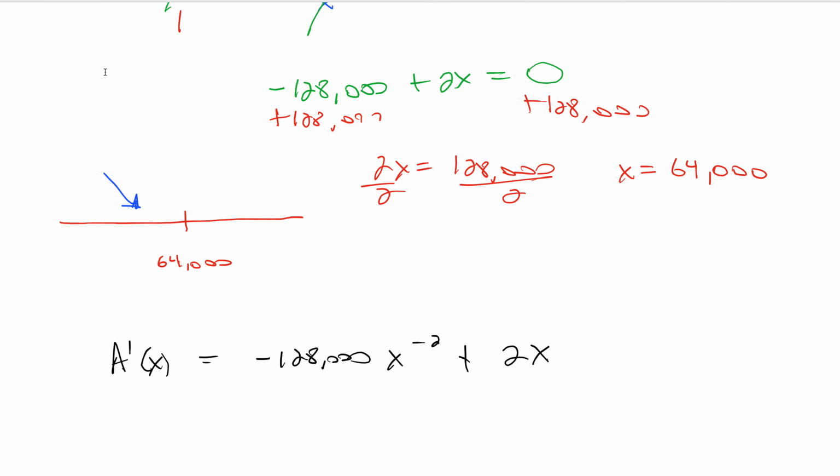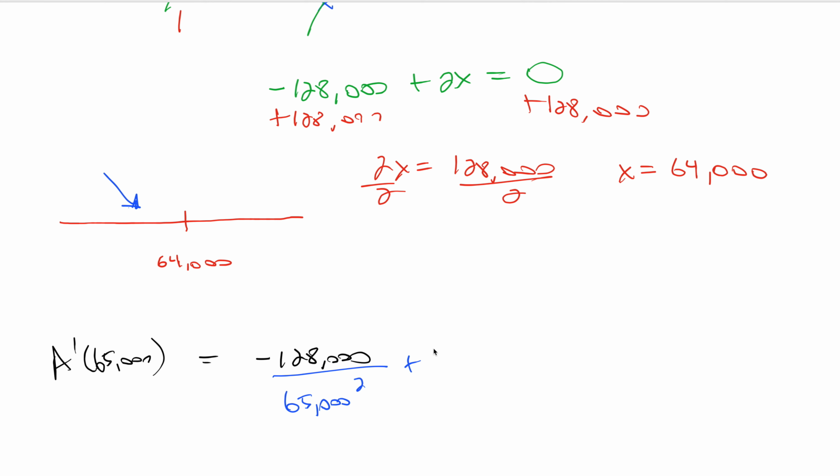So A prime of 65,000 is negative 128,000 over 65,000 squared plus 2 times 65,000. I don't know what that is actually.